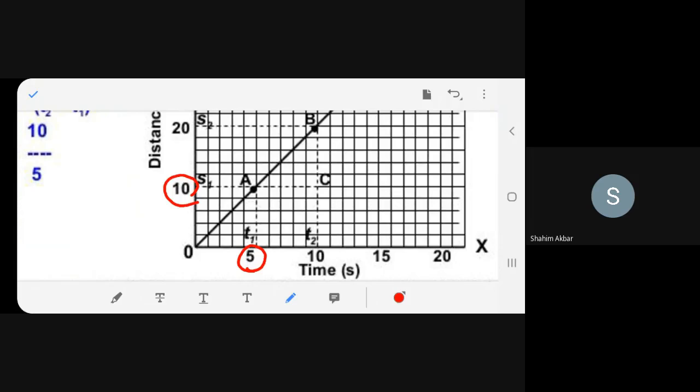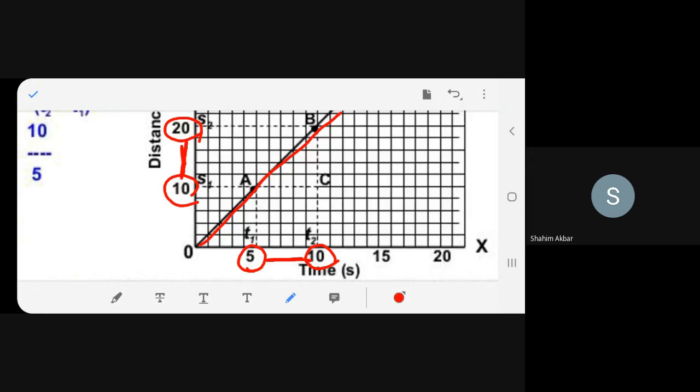This is the initial time. The final time t2 is 10 seconds, and the final distance that the body will cover is 20. Got it? So this is the distance covered in this time. And hence we get a straight line as the plotting. This is the straight line. This shows that the body is in uniform speed.